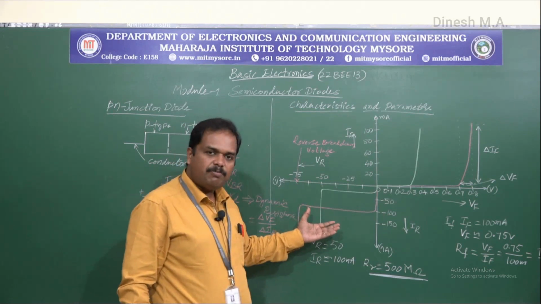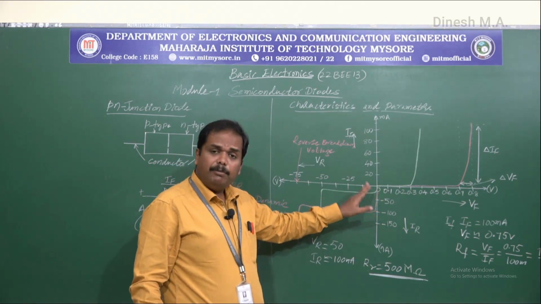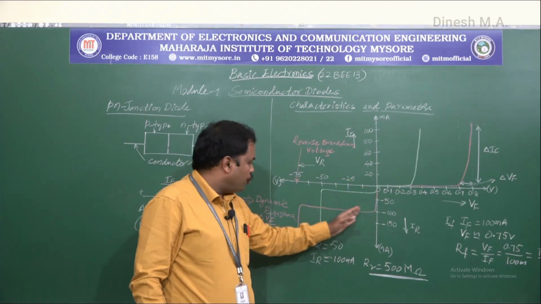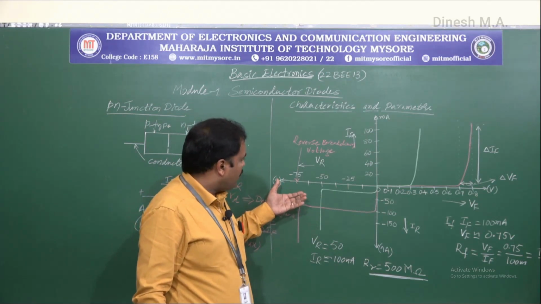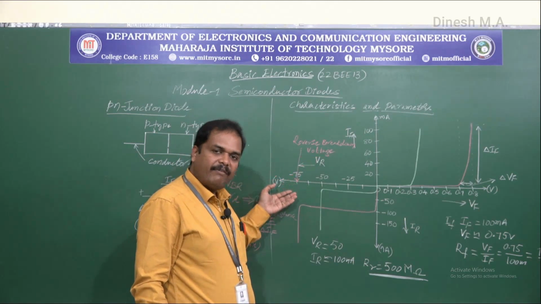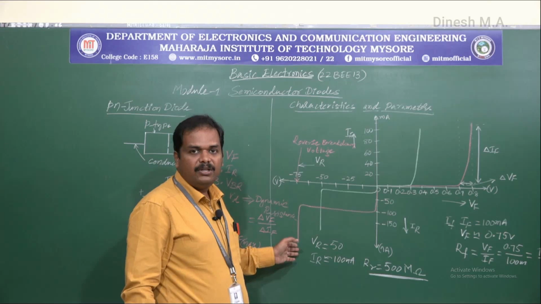Coming to the reverse bias characteristics, the diode current will be almost zero for both silicon and germanium, and it is going to be constant across the scale. And for the silicon diode, as soon as we reach the VBR of 75 volts, there will be a breakdown occurring in the junction.